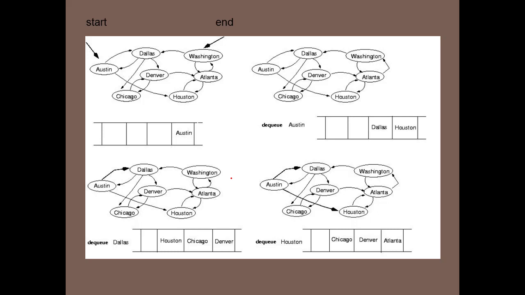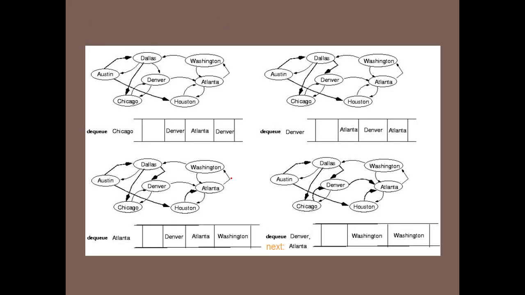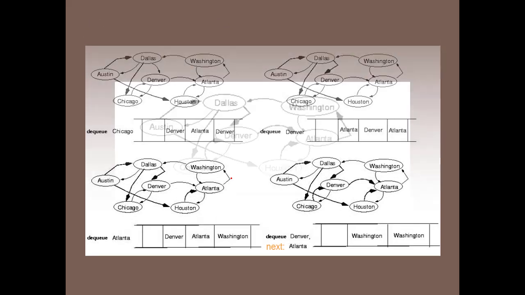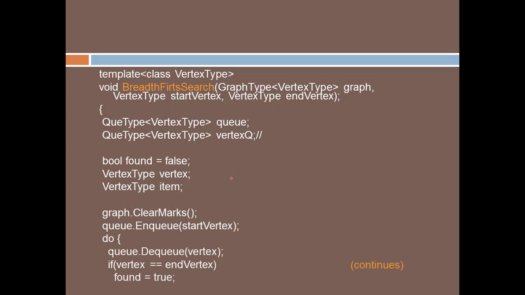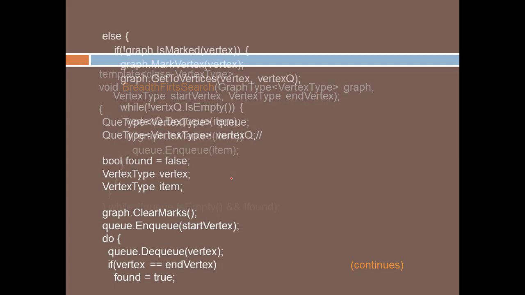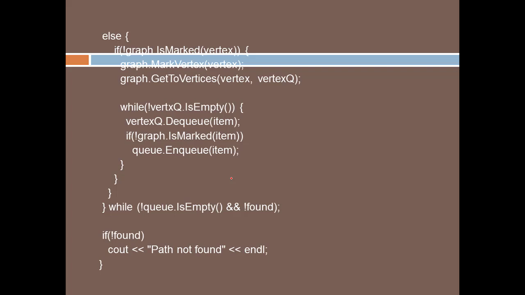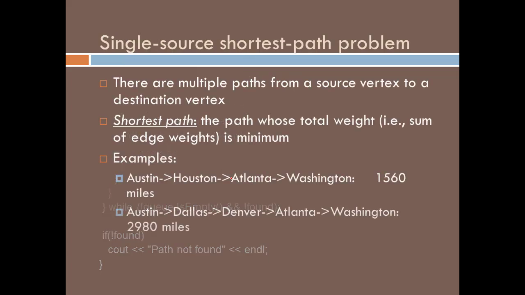Please try to map the algorithm to this example and see how it works. This is the code written for you, and you can implement it as well. First you need to understand the concept with the help of the graph and the animations provided to you, and then you can implement the idea by using this code.